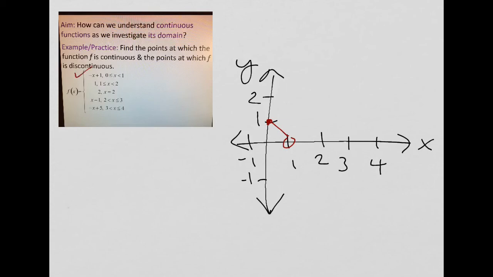Then we have a constant from 1, a closed circle to 2, but that's not including it, so open circle. Next, we're going to plot a point, because it's only when x is 2, y is 2.